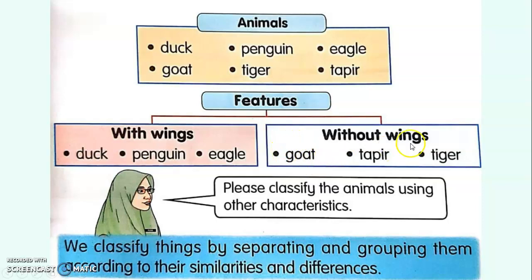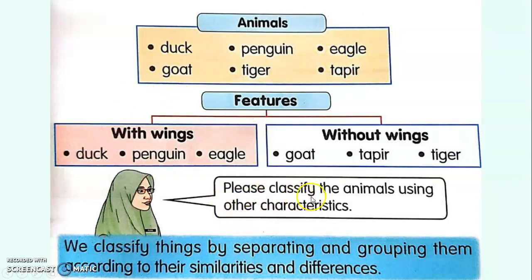Without wings, we group them in this group. The animals that don't have wings, tidak ada sayap, we group in this group. Okay? So, this is how we classify the objects. This is how we classify all these animals. Ini adalah cara macam mana kita mengelas, ya.